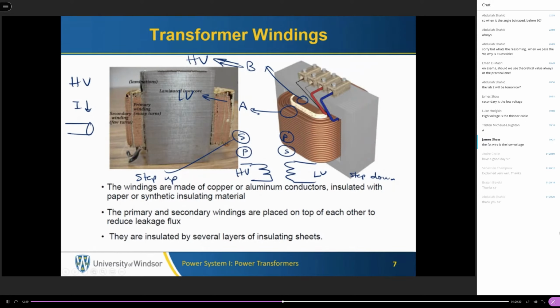If you look at this figure, it is basically a cross-section area. We have the primary, we have the secondary. Here we have laminations, as you can see, different laminations, and all wires here are isolated.